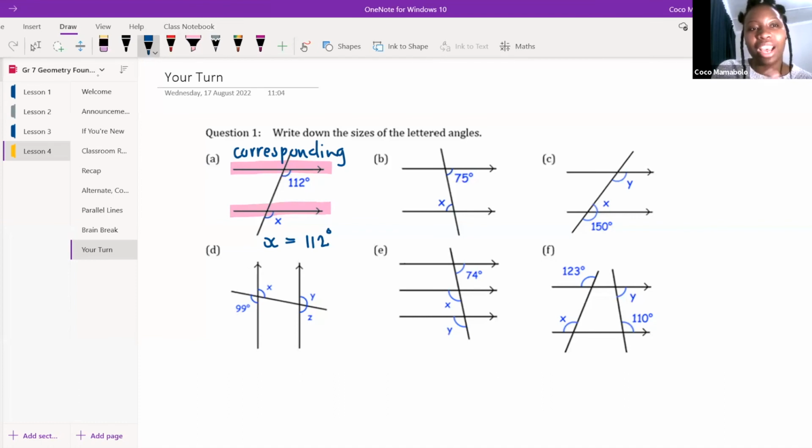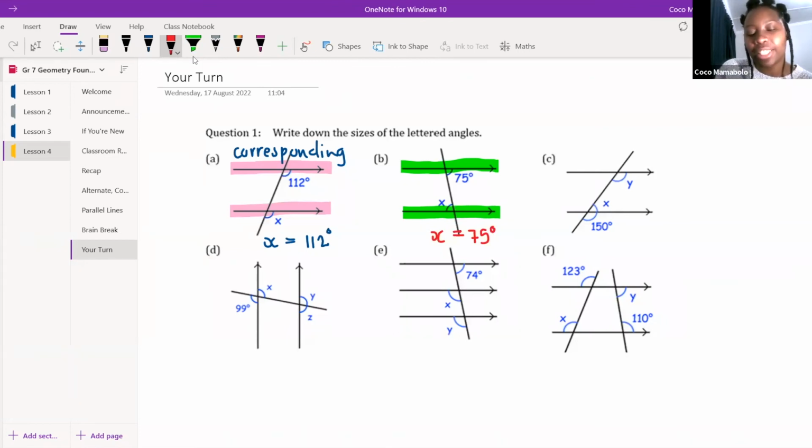Excellent. Rangwatu, can I ask you to unmute for me and tell me with B, what is X going to be equal to? And you guys can already pop the answers in the chat. Let me just highlight my parallel lines because they help us quite a bit. Rangwatu, are you there? What is X going to be equal to here? 75 degrees.